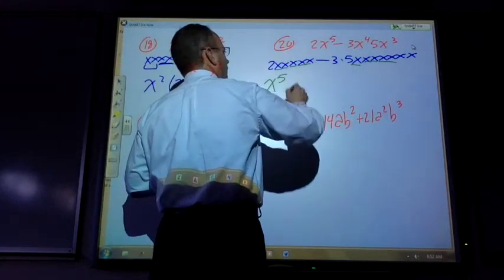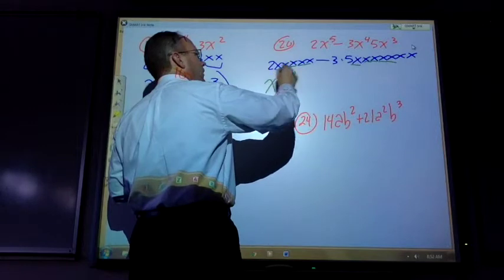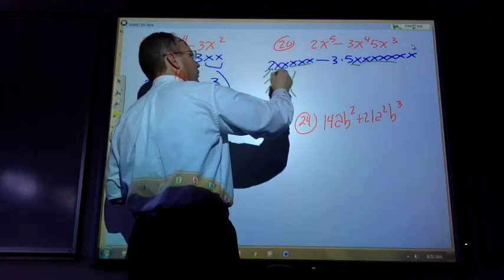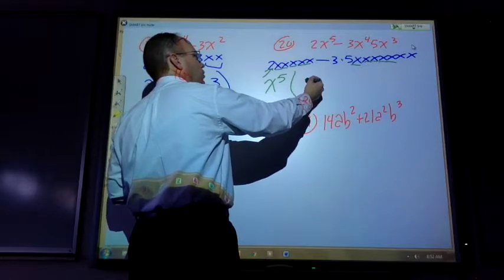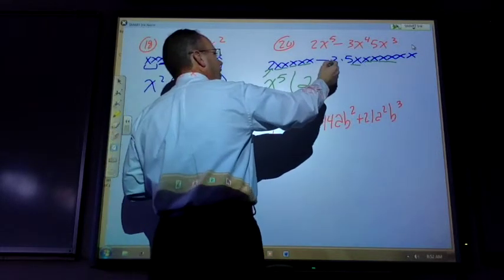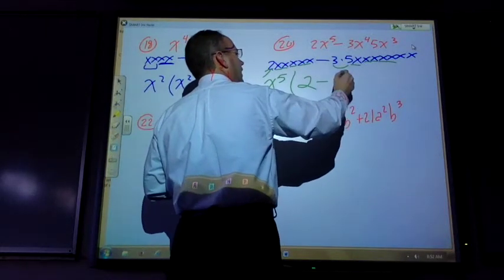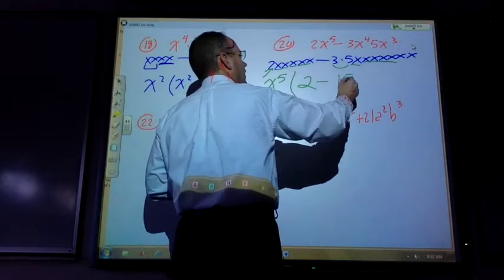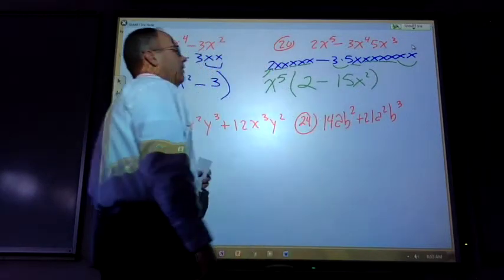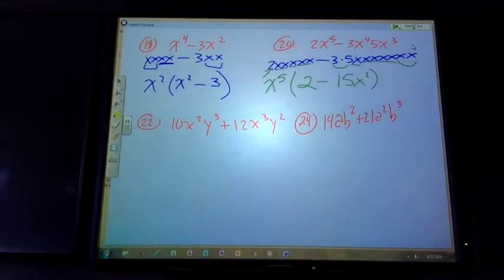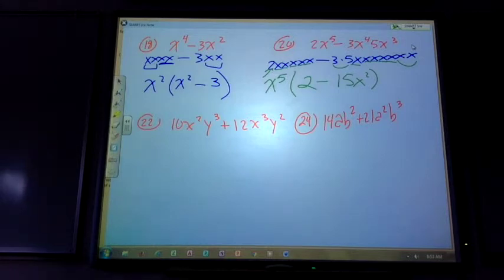Good. And if all of these factored out except this is still left, what do I put here? 2. And then minus 3. There you go. That's kind of a goofy one. I don't know if maybe there's supposed to be another sign in between the x to the 4th and the 5. I don't know. Good job.